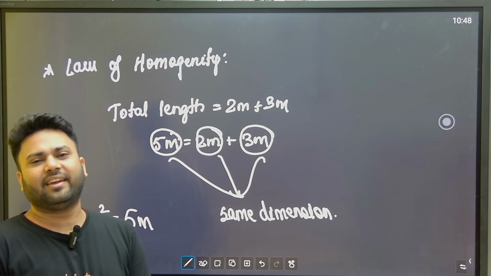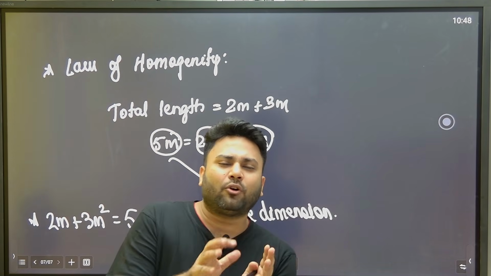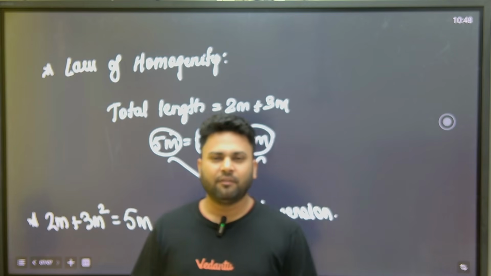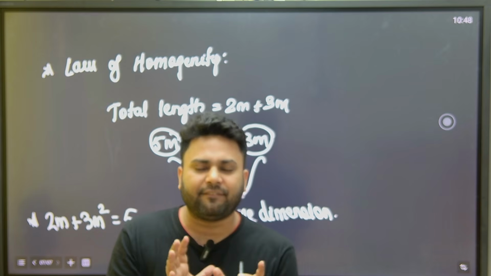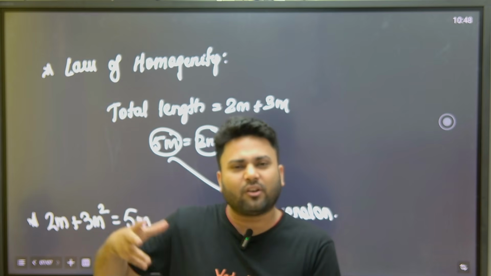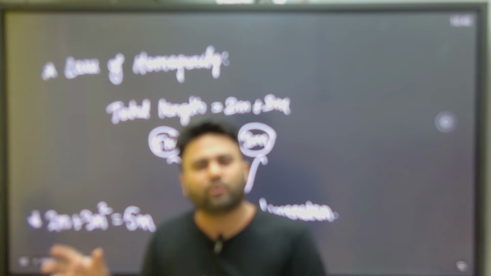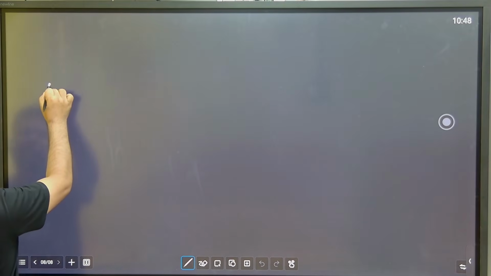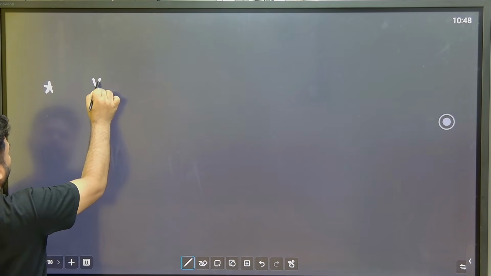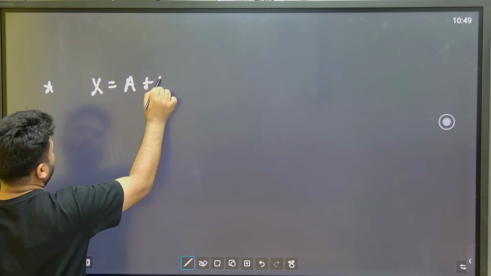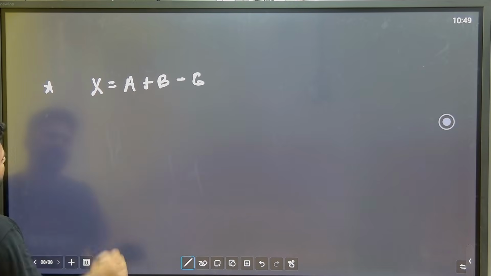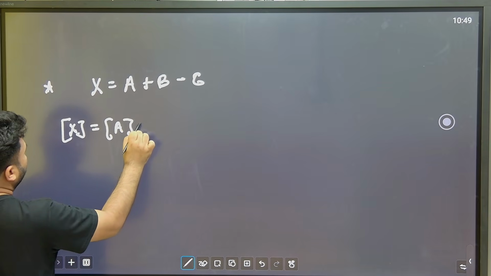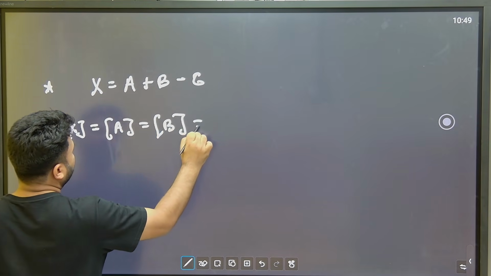How can you add length and area? So we can always add or subtract two quantities having the same dimension. And the overall result we get will also have the same dimension. For example, if there is a formula x equals a plus b minus c, then dimension of x will be equal to dimension of a, equal to dimension of b, equal to dimension of c.